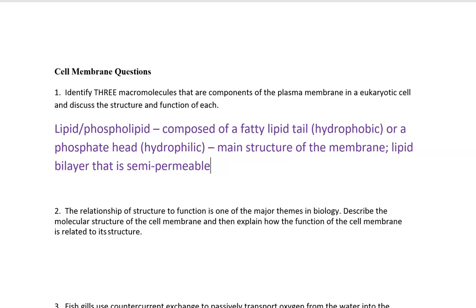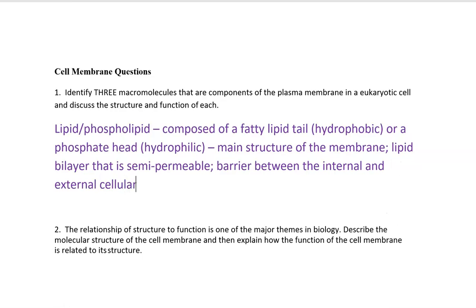It is a good word to add. You could also say that it is a barrier between the internal and external cellular environment. That would be another function of the cell membrane.